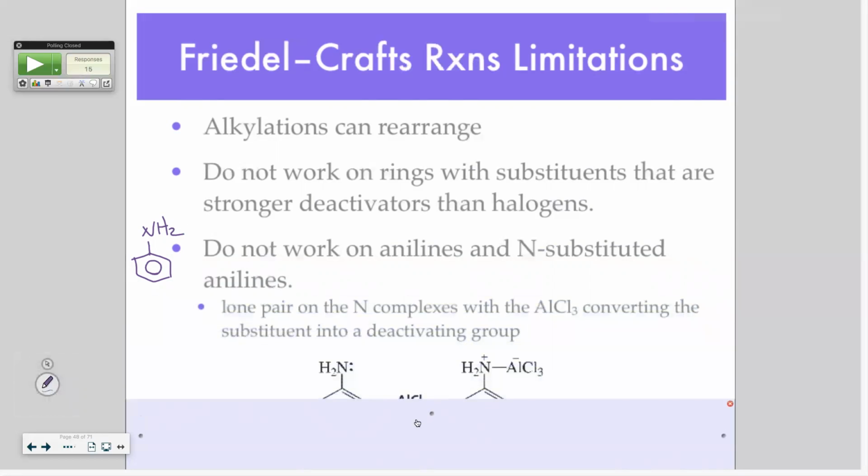The reason is because the lone pair on the nitrogen will complex with your Friedel-Crafts catalyst, your Lewis acid catalyst in the Friedel-Crafts reaction. So instead of having its lone pair available to help stabilize intermediates, this nitrogen is now a plus because it's attached to your Lewis acid. So you cannot do that. Okay, so those don't work, which is kind of a bummer.